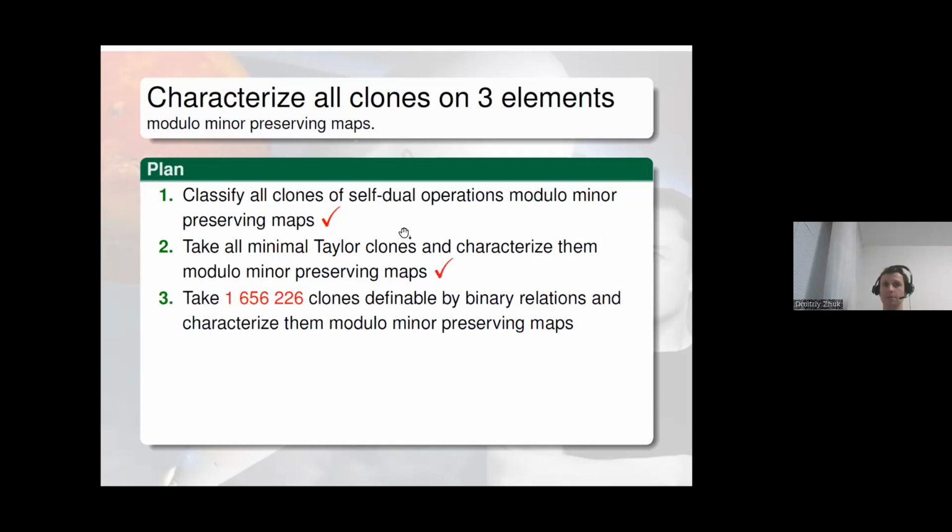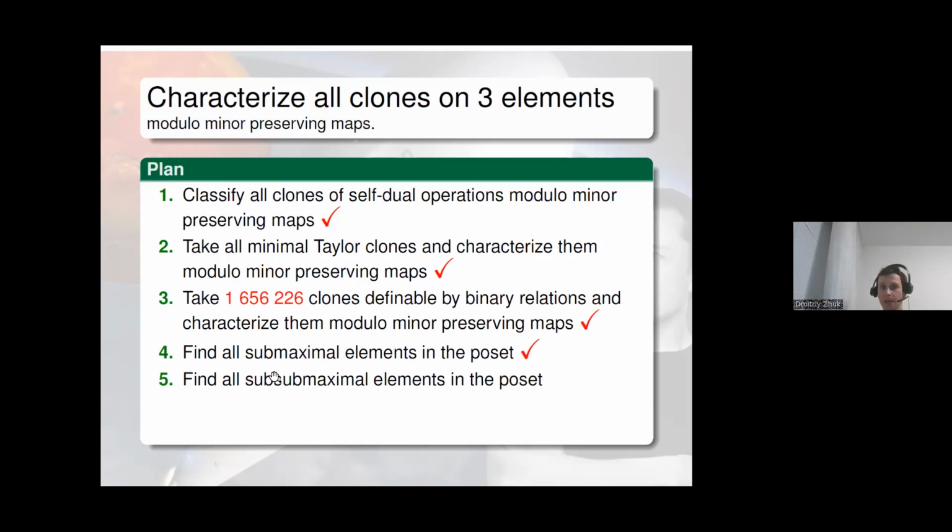It's also done. Take the 1.6 million clones defined by binary relations and characterize them. It's done. Find all submaximal elements in the poset. Done. Now we need to find all sub-submaximal ones, which Albert is working on now, classify all multiples of clones modulo minor preserving maps, and so on and so on. It's probably a big plan, a big road, but I believe it's really doable.